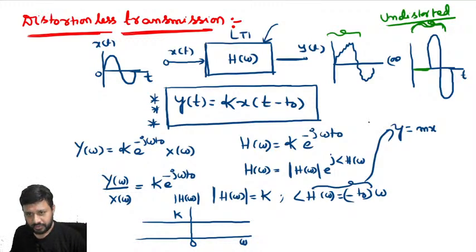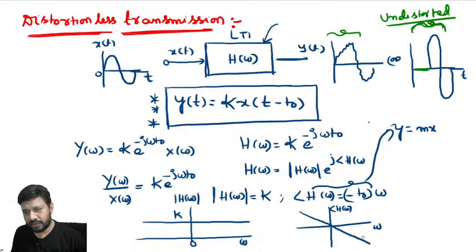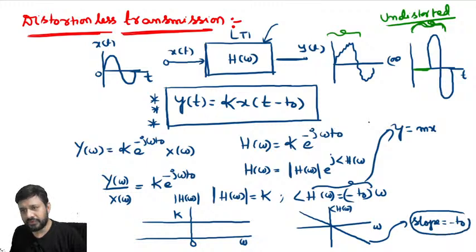Now what is the shape? If you try to plot the phase of H of omega versus omega, it will look like a straight line through the origin, right? Here, what is the slope? Slope is minus t naught.